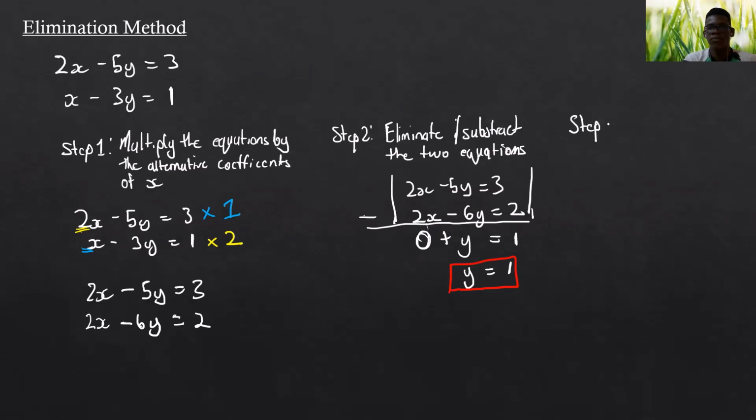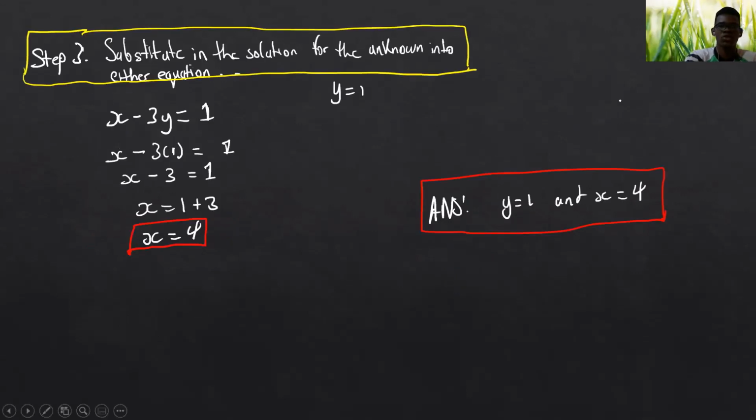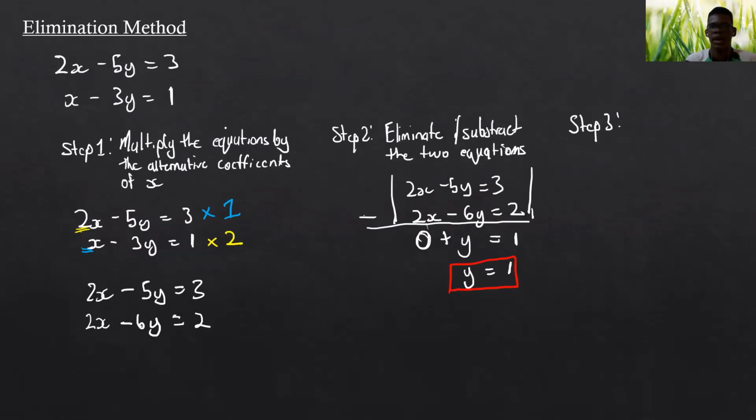So the third step, like before, is to substitute the solution for the unknown into either equation. This is the same as before. Remember, I'm calling it unknown just so that you're familiar with that term, but it's a variable, right? Or y.